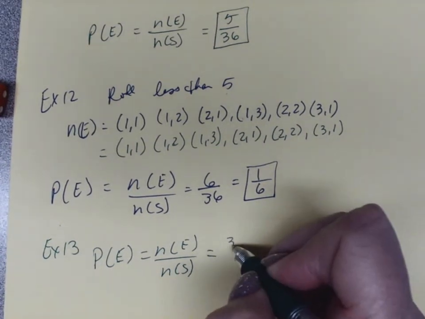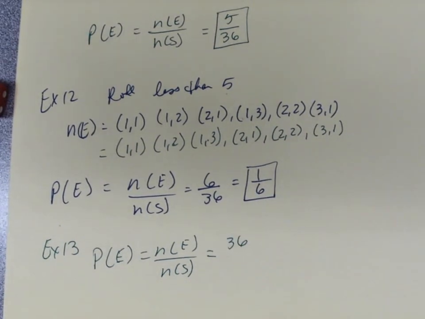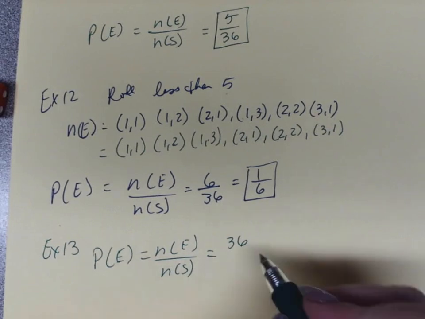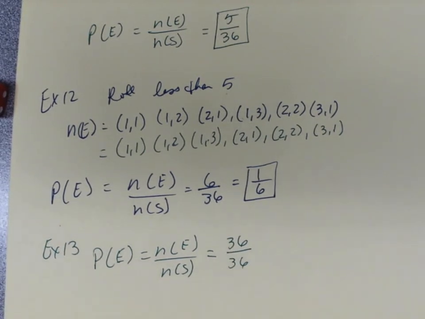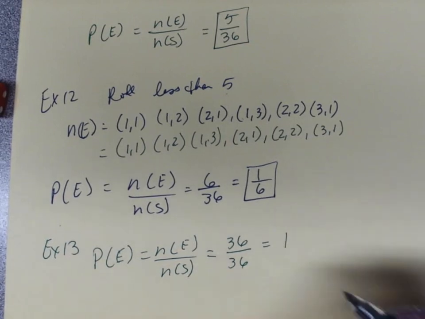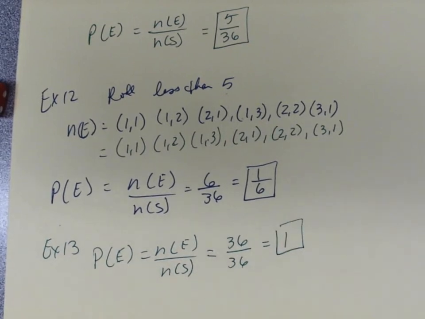I can roll my dice 36 different ways, and they're all going to be less than or equal to 12 for a sum, and there are 36 different ways I can roll them, so my probability equals 1.